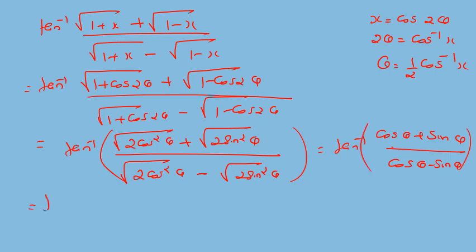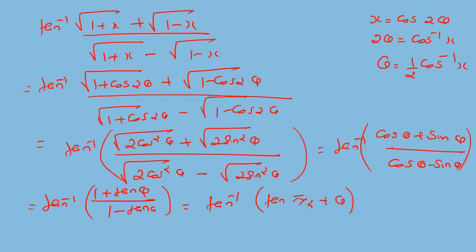So this we can divide by cos theta. It becomes 1 plus tan theta by 1 minus tan theta, if you are dividing numerator and denominator by cos theta. This is tan of pi by 4 plus theta. Tan inverse tan of pi by 4 plus theta is pi by 4 plus theta.